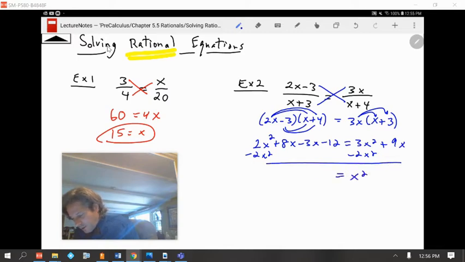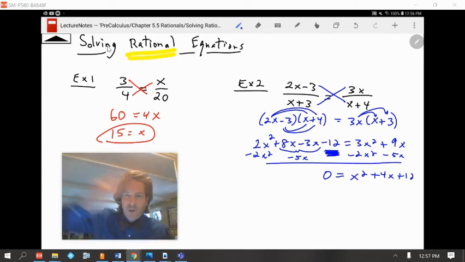And hey, look, there's an 8 minus a 3, which makes 5x. So I'm going to minus 5x to the other side. And 9 minus 5 makes 4x. And then there's this minus 12. And how do you move a negative number to the other side? You plus it. Plus 12 to the other side. And so that would equal 0, because I've moved everything from the left side of the equation over to the right.